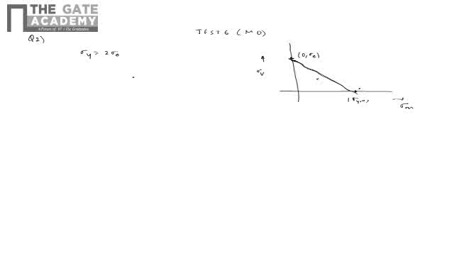So the equation of this line would be sigma mean by sigma y plus sigma variable by sigma e is equal to 1.